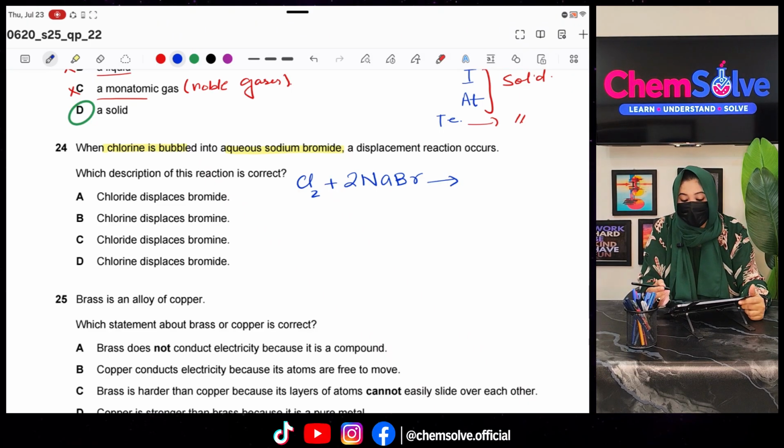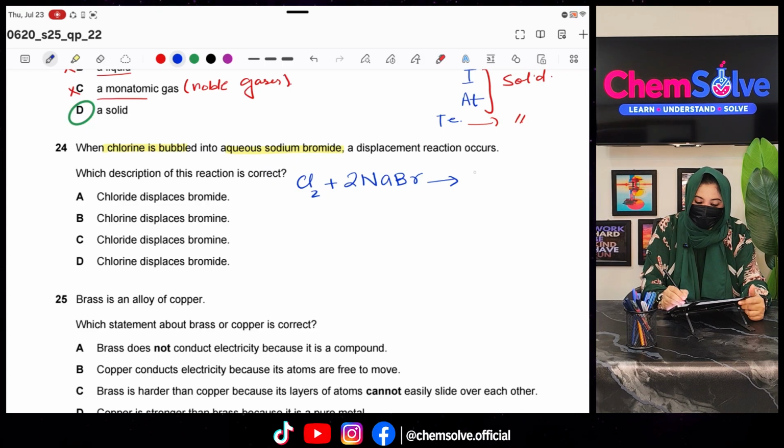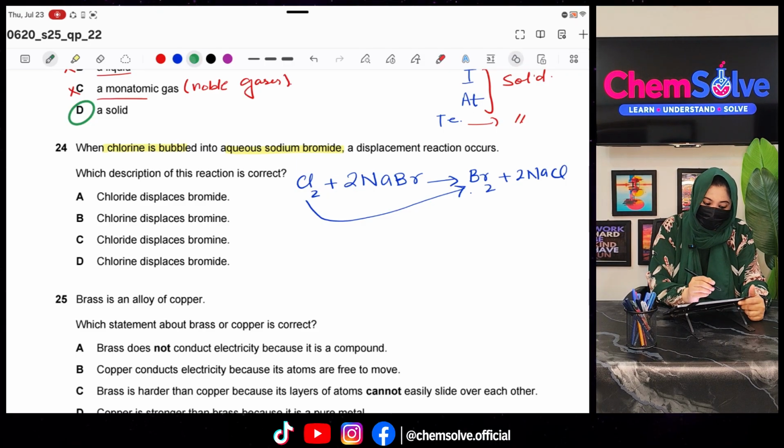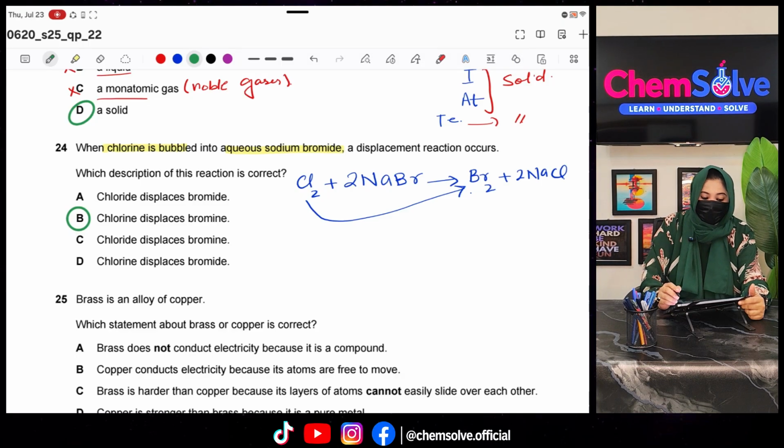Chlorine being more reactive than bromine, it will displace bromide, and it would be Br2 plus 2NaCl. So what happens? Chlorine displaces bromine. So the correct option for this is option B. Question number 24, the correct option is B.